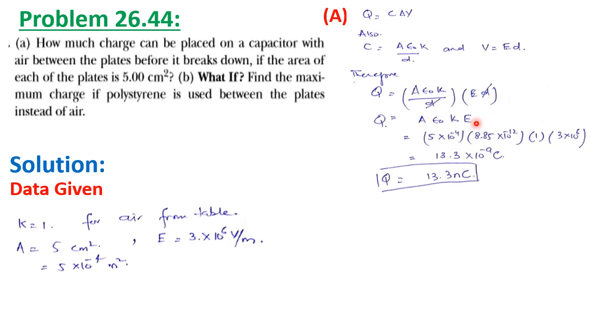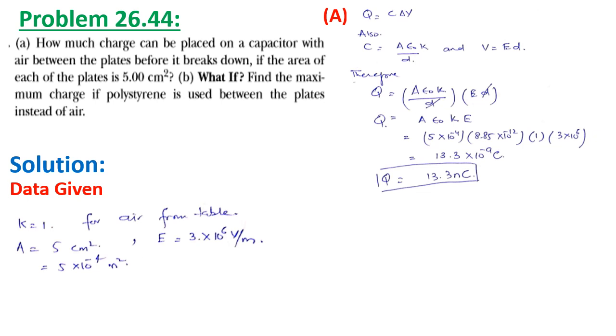D cancels out, and I am left with Q equals A epsilon kappa E. So I know the value of A, I know the value of epsilon naught, I know K and E. So simply by multiplying all these values, I'll get 13.3 into 10 to the power minus 9 coulombs, which is nanocoulombs. So I'll write Q equals 13.3 nC, N is for nano over here.